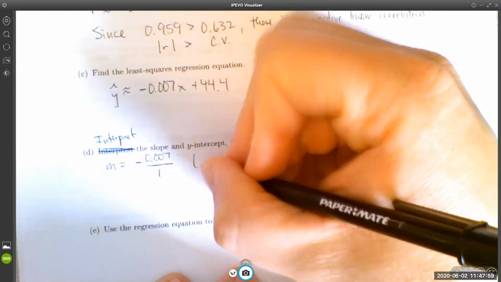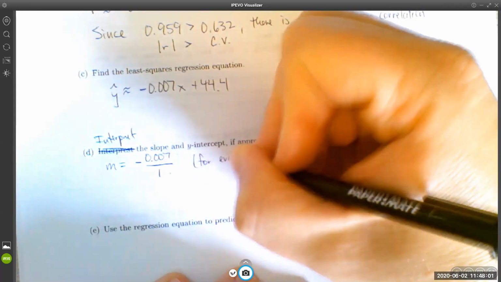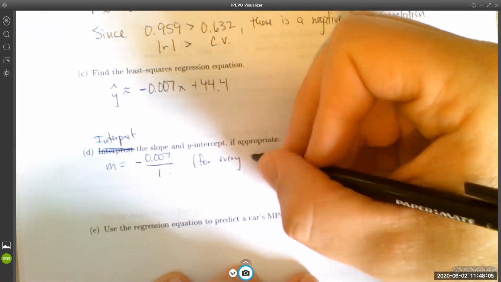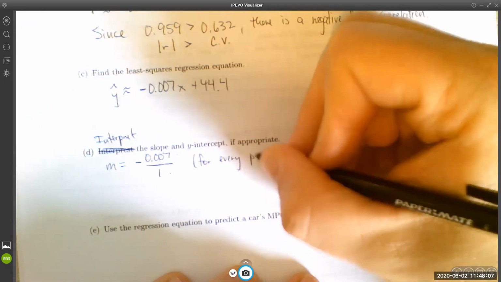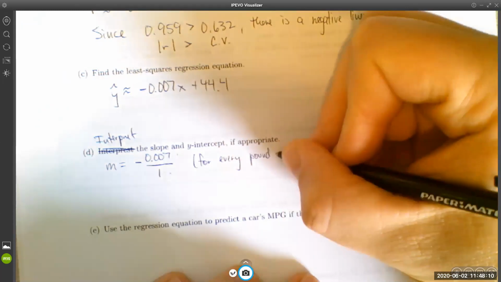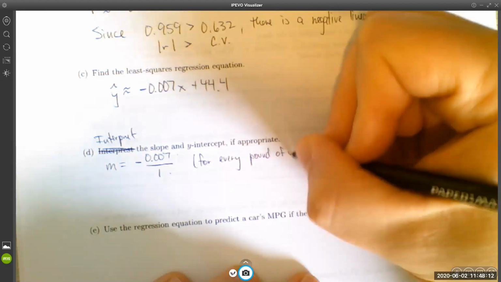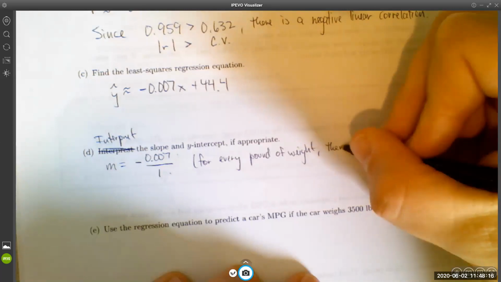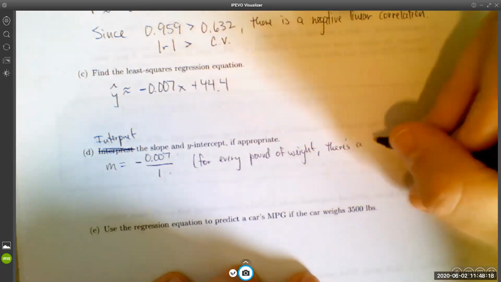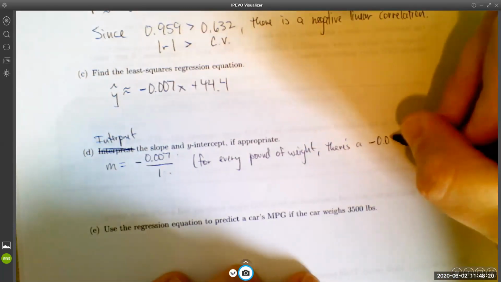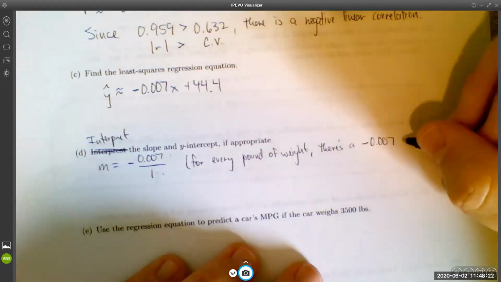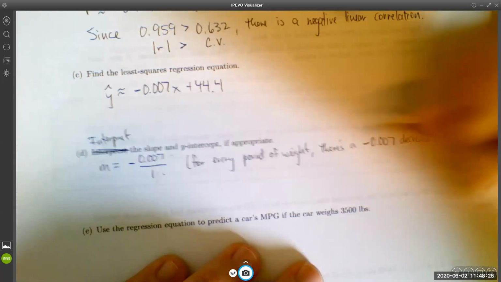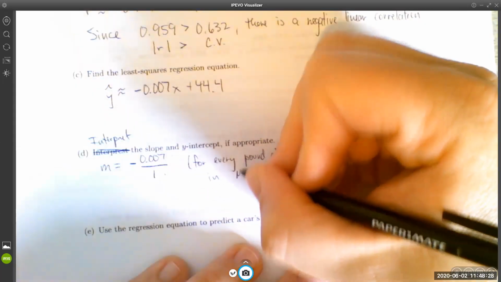So for every pound of weight, there's a negative 0.007 decrease in miles per gallon.